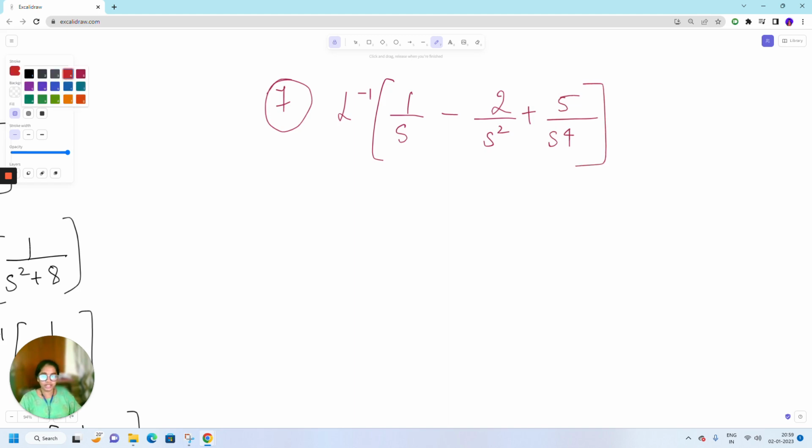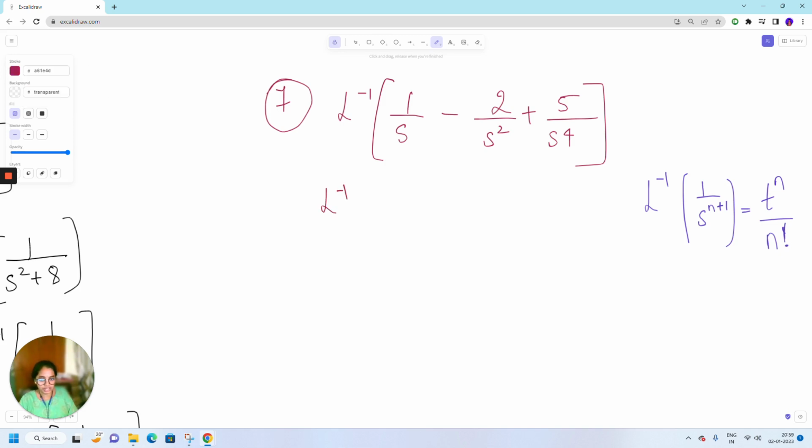Laplace inverse of 1 divided by s to the power n plus 1 is equal to t power n divided by n factorial. So here let me apply Laplace inverse to each term. Laplace inverse of 1 divided by s minus Laplace inverse of 2, which is a constant, I'll take it out.